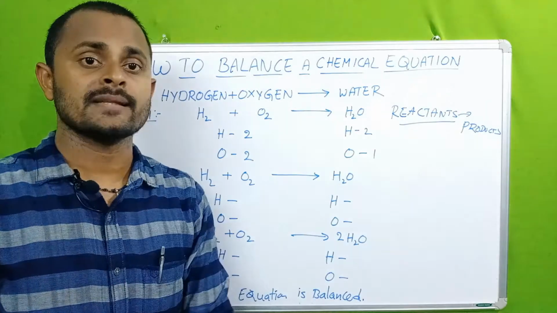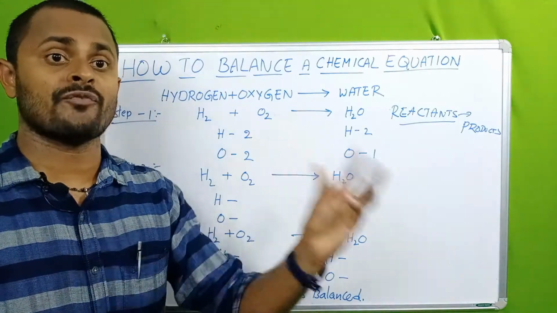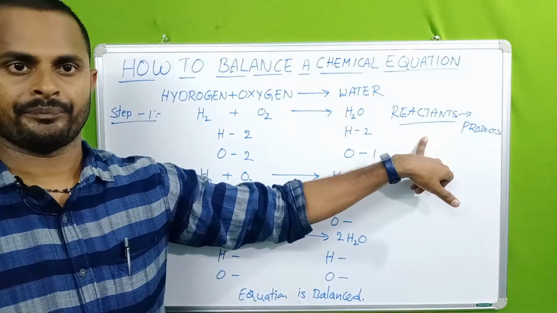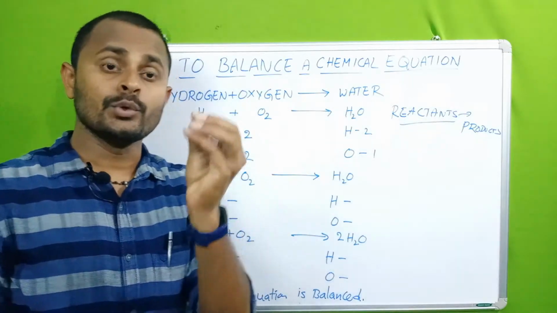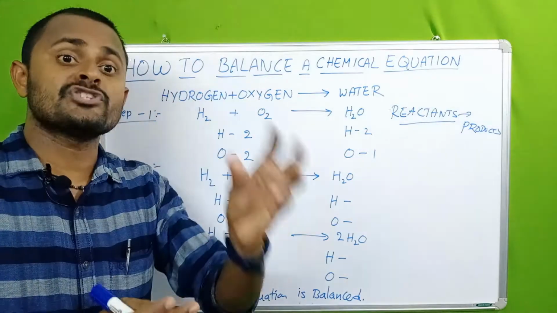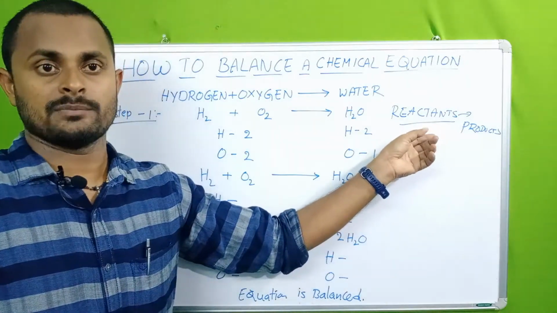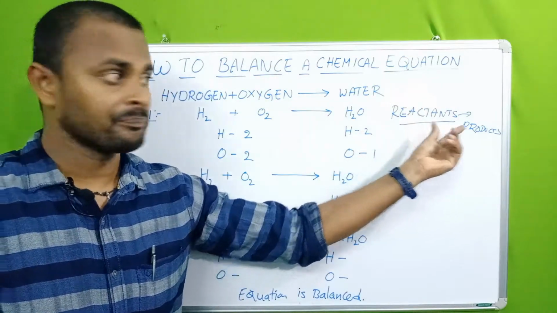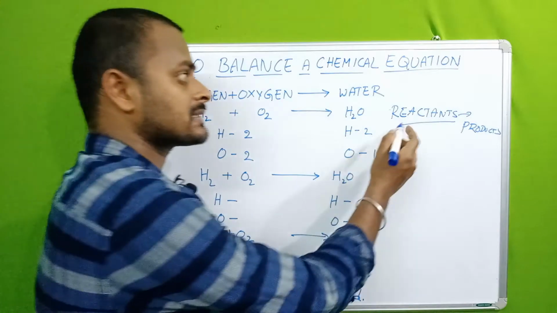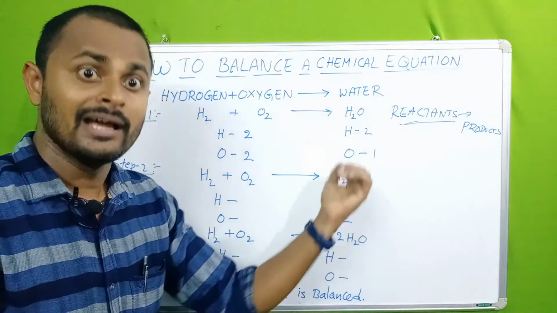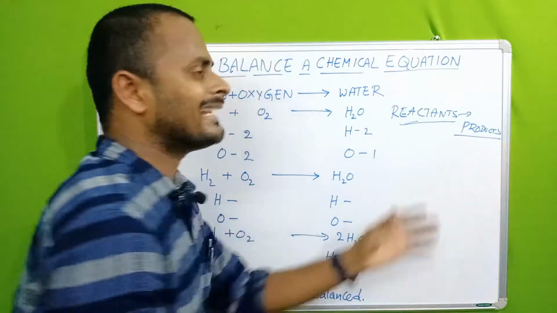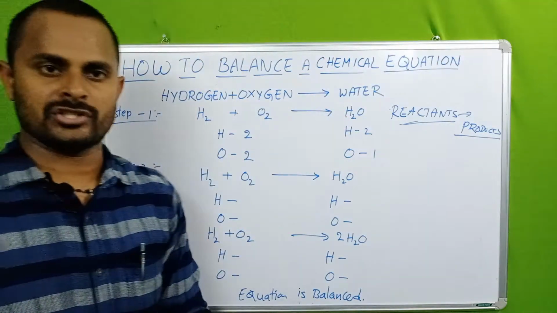And what are products? The new substances which are formed by the chemical reaction are called products. So reactants are participating in the reaction and they form products. That is called a chemical equation.